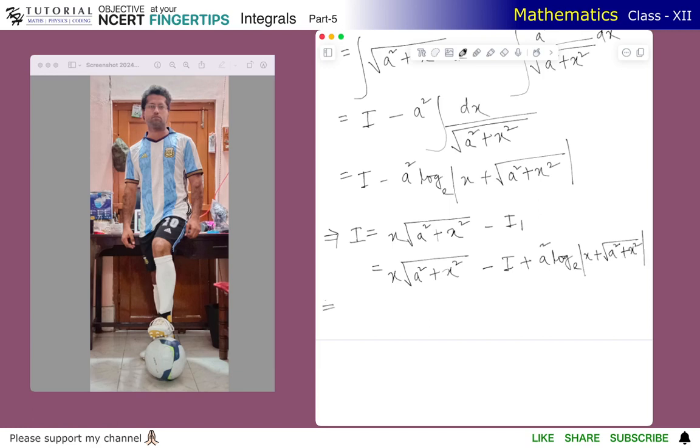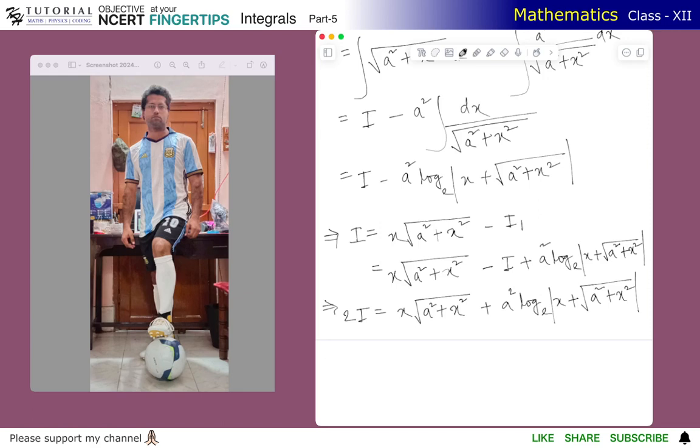So this implies twice I equals x into root over a square plus x square plus a square log of x plus root over a square plus x square. We got this.